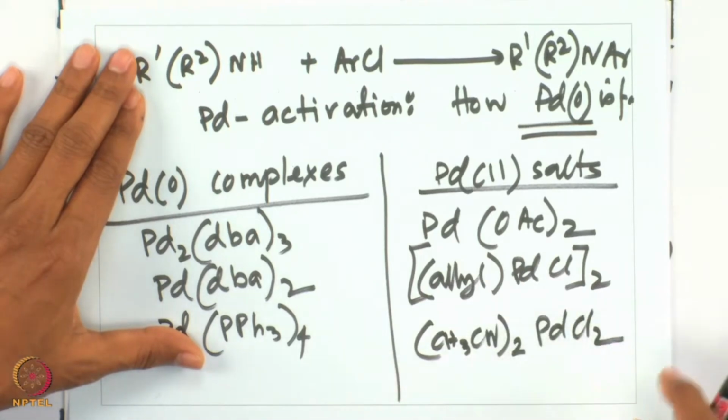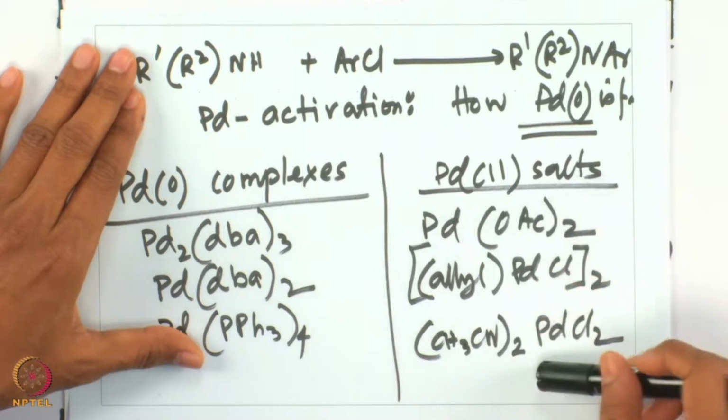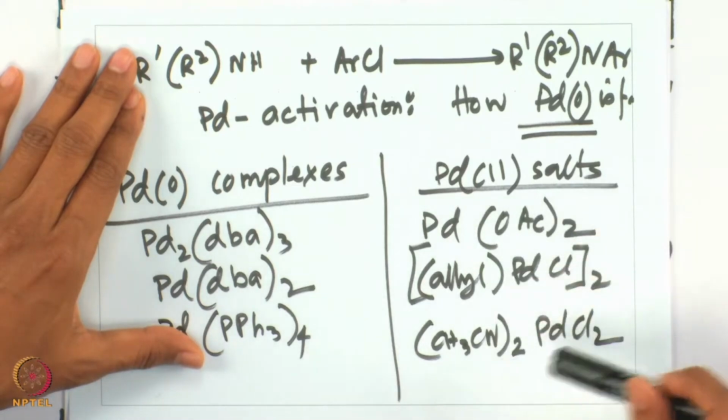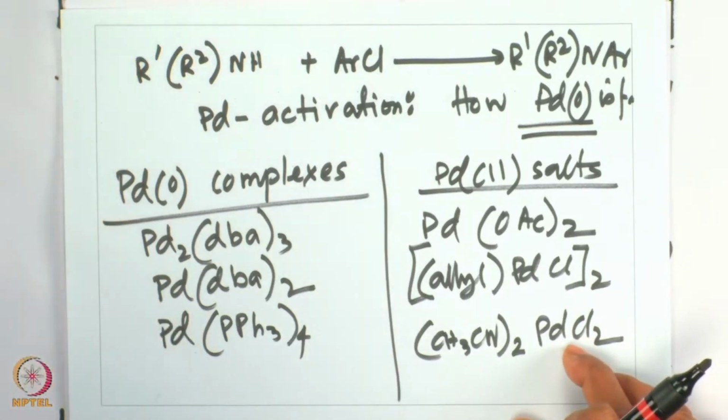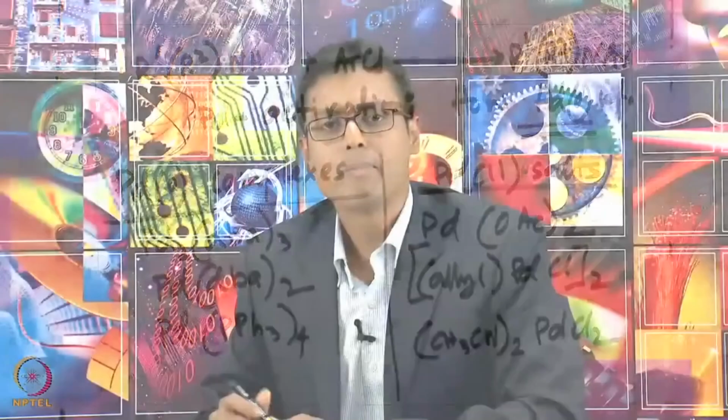Of course, palladium 2 salts are very stable, but they must be reduced to palladium 0 by heating in the presence of additives, for example phenyl boronic acid, amine as we have seen in the last class, or phosphine. We have not seen the example of phosphine being used to reduce palladium 2. So, there exist a number of methods that utilize the in situ reduction of palladium 2 to palladium 0. However, only a few of them we have seen.